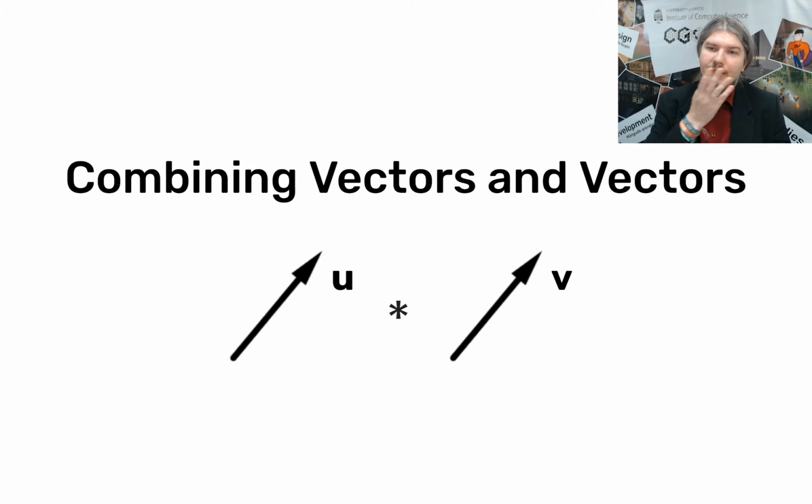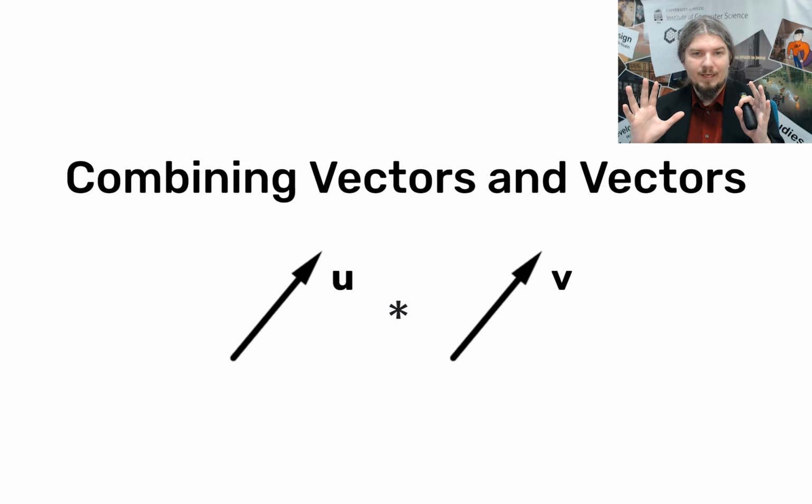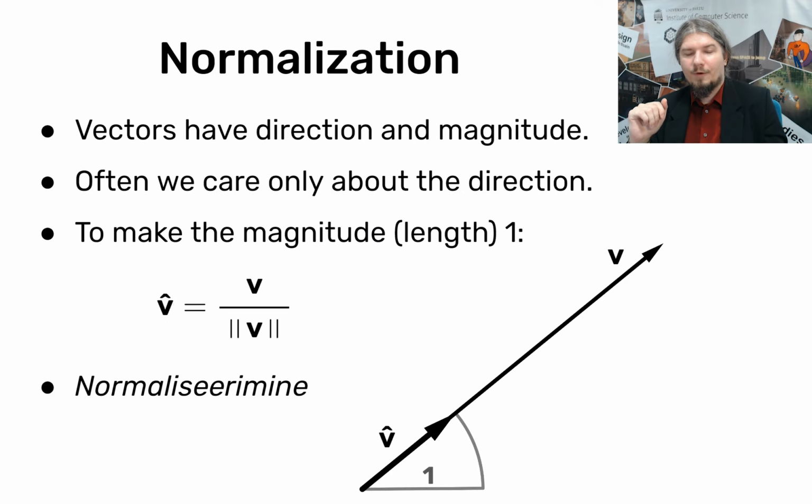Now, what about combining vectors and vectors? There are operations that we can also do between different vectors. First, normalization. We already talked about normalization. If we have a vector v, we want to make it smaller or maybe larger, such that its length would be 1, but the direction would be the same.